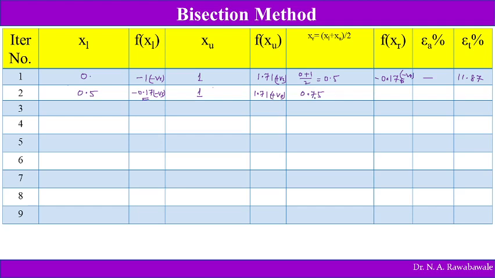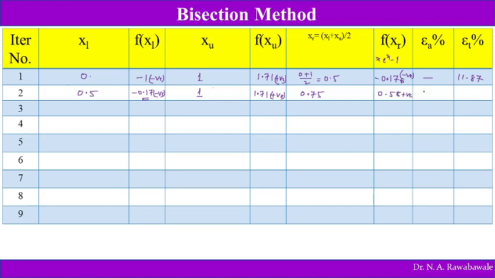Now substituting 0.75 in the function f of x is equal to x e to the power of x minus 1, we get 0.58, which is positive.